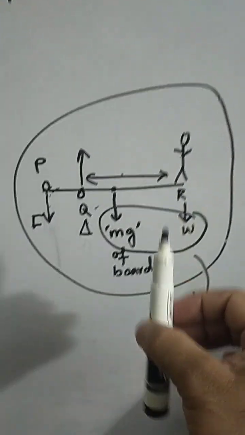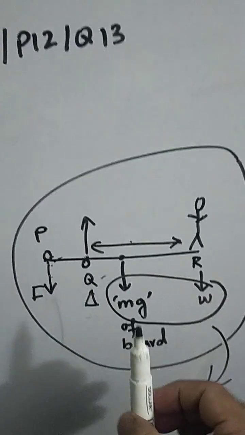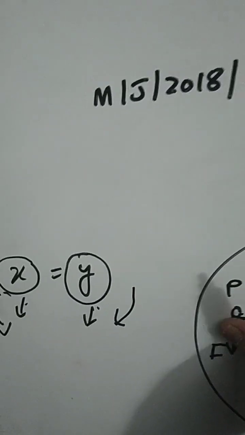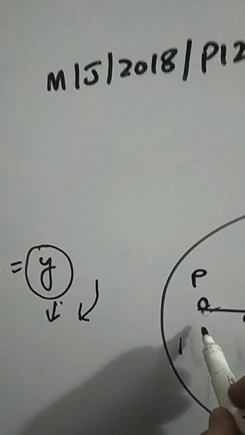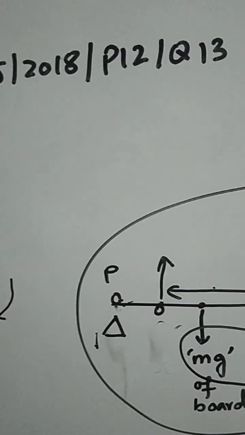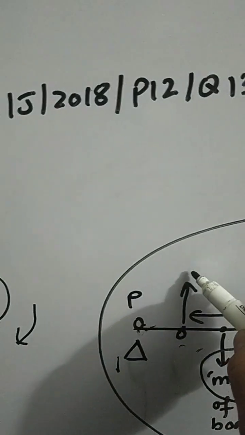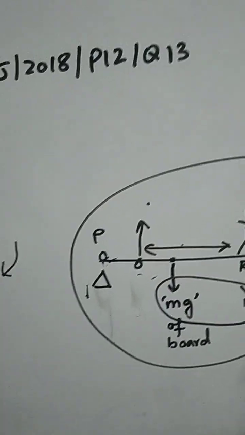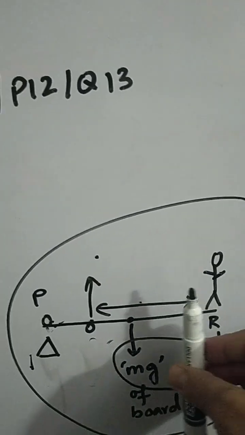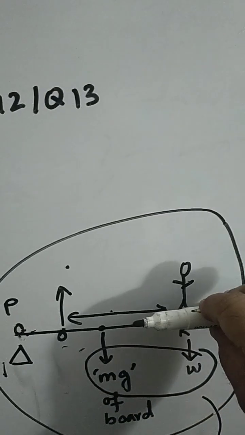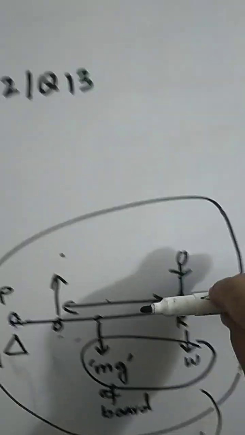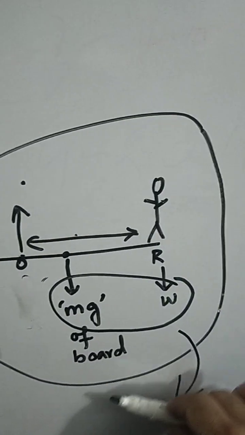That's the situation for the force acting at P. Now I'm considering the pivot at P. So there is a force F acting in the upward direction. Again the same person is moving, right? Overall, when the person moves towards P, the overall moment will decrease.